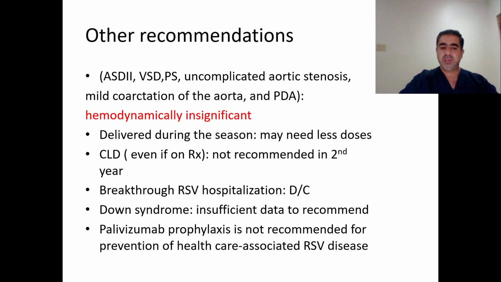If the baby or the child develops breakthrough RSV and needs hospitalization during the season, we need to discontinue giving other injections. For babies with Down syndrome, as we said, there is insufficient data to recommend RSV prophylaxis. And last thing, palivizumab prophylaxis is not recommended for the prevention of healthcare-associated RSV disease.